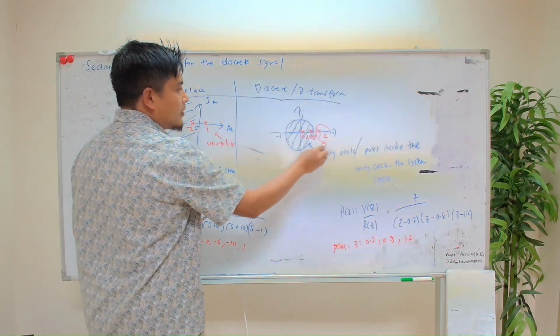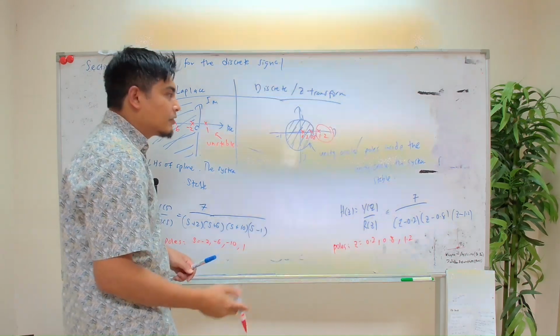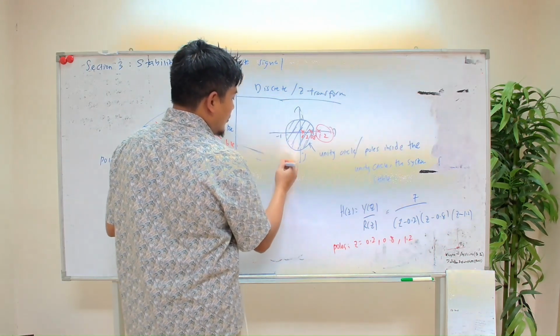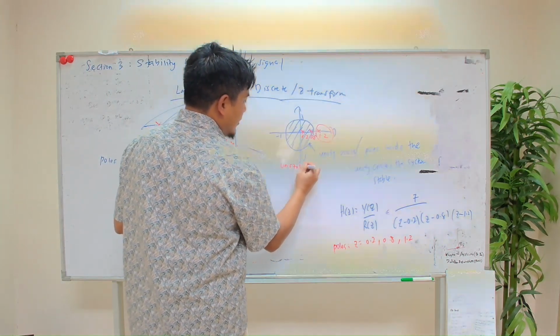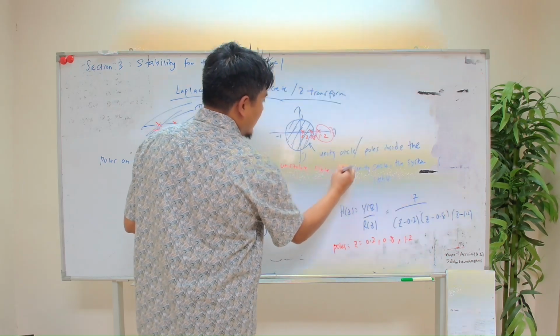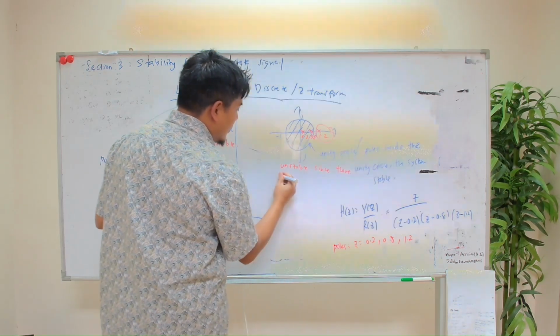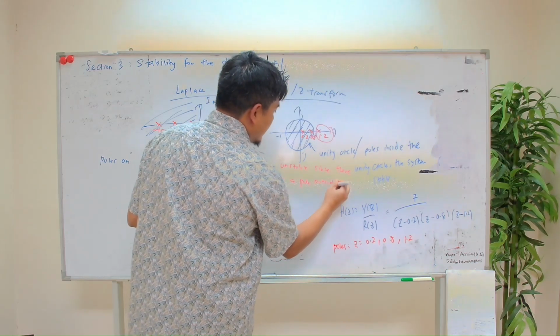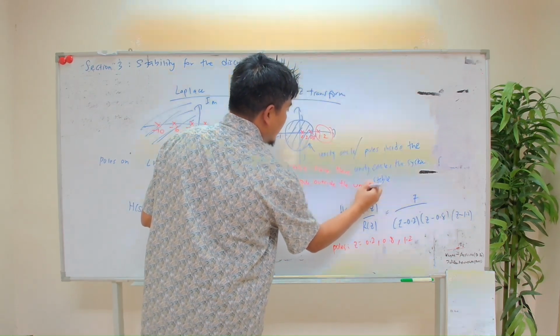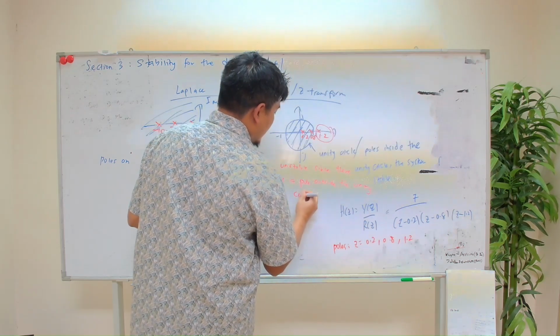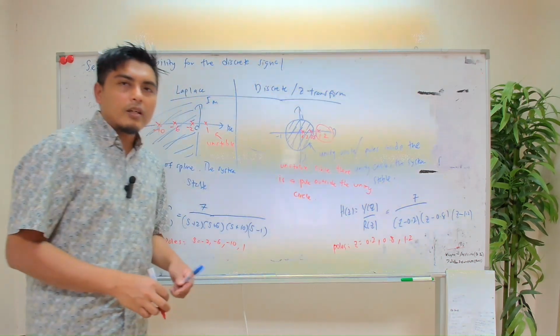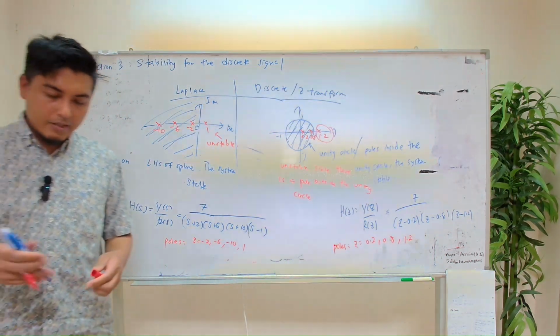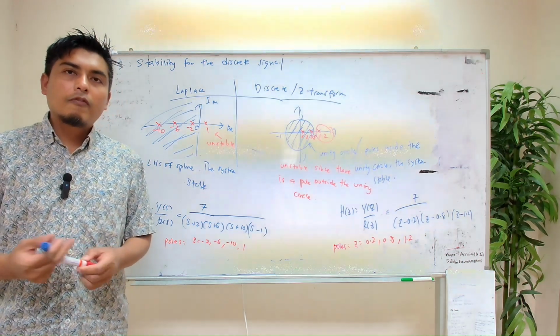Since this is outside of the unity circle, it is unstable, since there is a pole outside the unity circle.